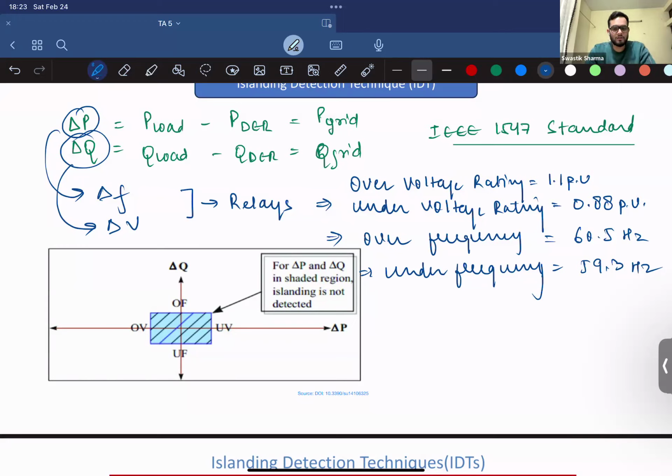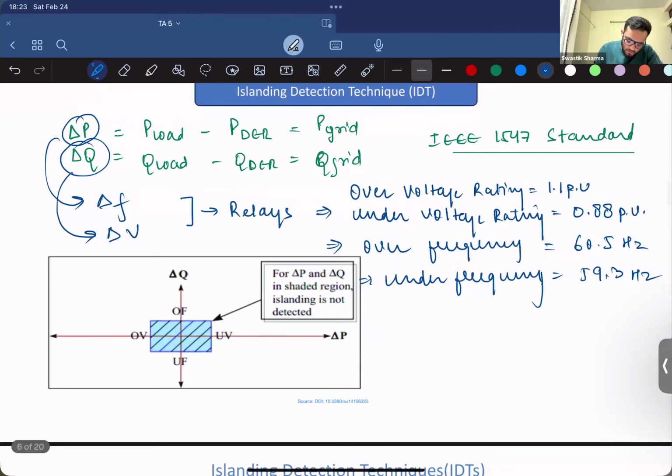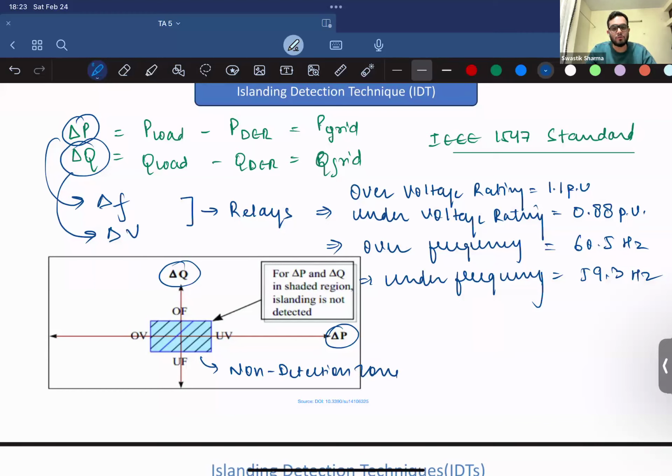So once you have this power mismatch, let's say you got delta P and delta Q. Still, due to these relays, there is a small region where the relay won't trip even if a real power and reactive power mismatch is there. This region is called the non-detection zone. Because of this time lag, the non-detection zone occurs, and it can be harmful.